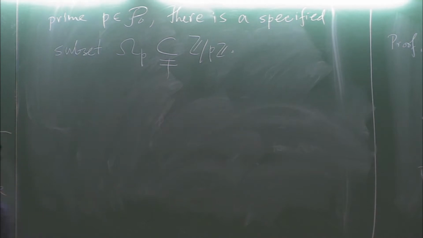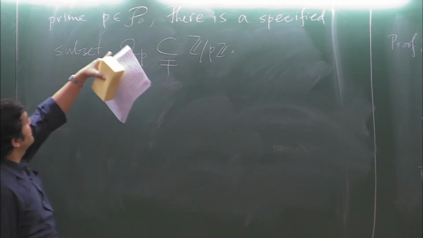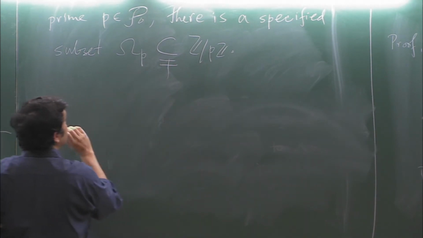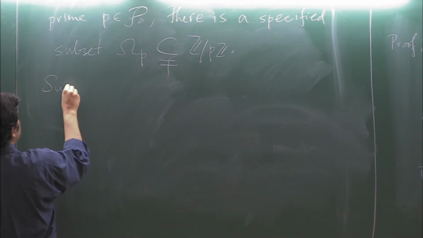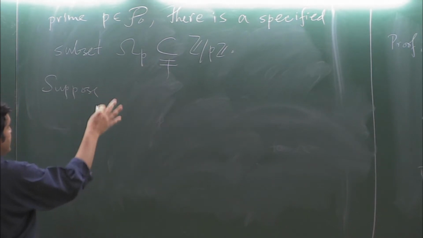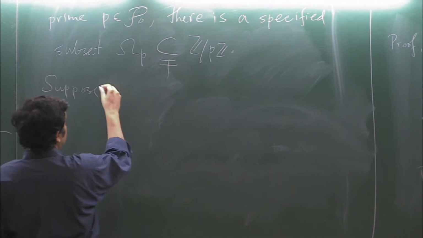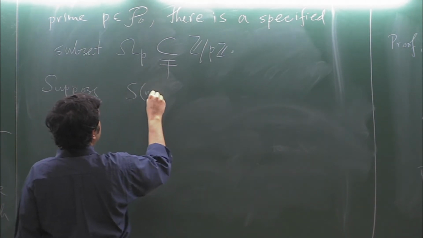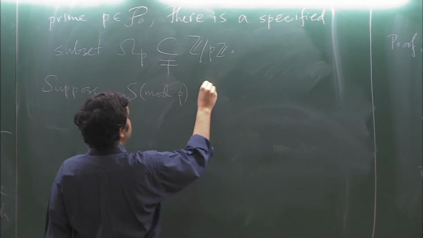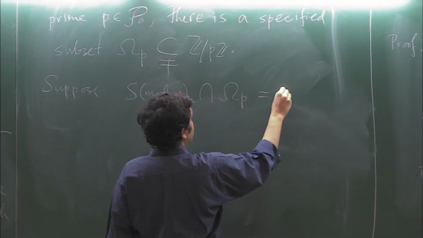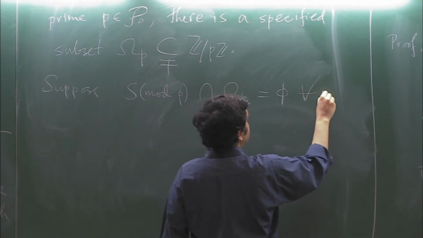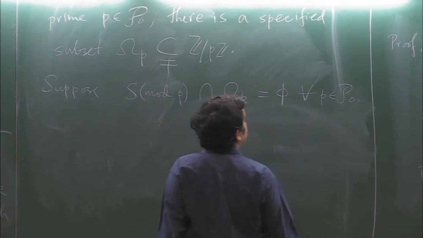So F is a map with finite support S, and I have a set of primes P naught, and for every prime p in P naught, there is a subset of this thing. Now suppose that S avoids these elements omega p when I reduce mod p. So S mod p intersection omega p should be empty for all p in P naught.